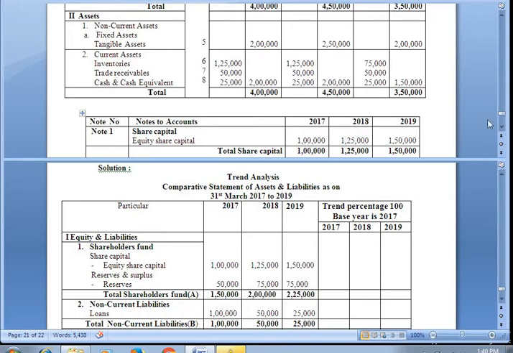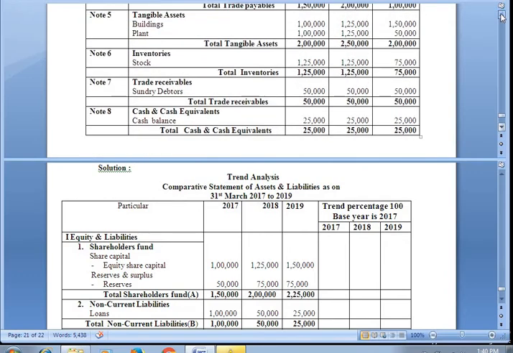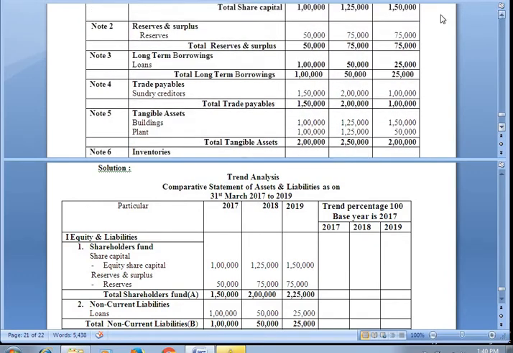And in note 2 you can find the details of reserves and surplus. We have reserves of 50,000 for the year 2017, 75,000 in the year 2018 and 75,000 in the year 2019. Next one, total shareholders fund 1 lakh 50,000, 2 lakh and 2 lakh 25,000.